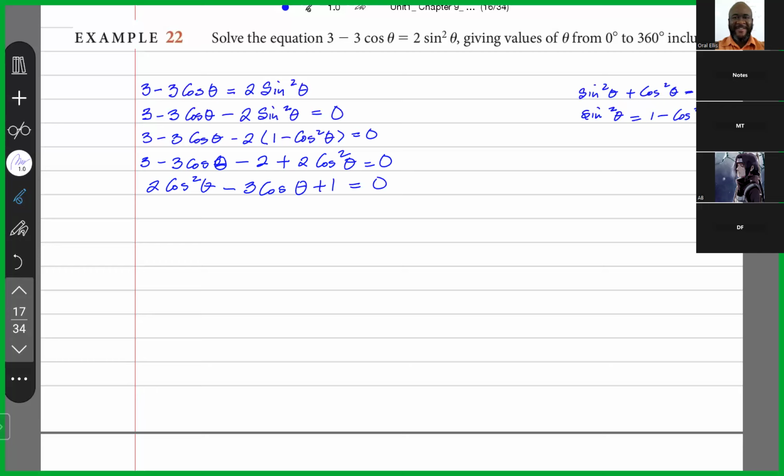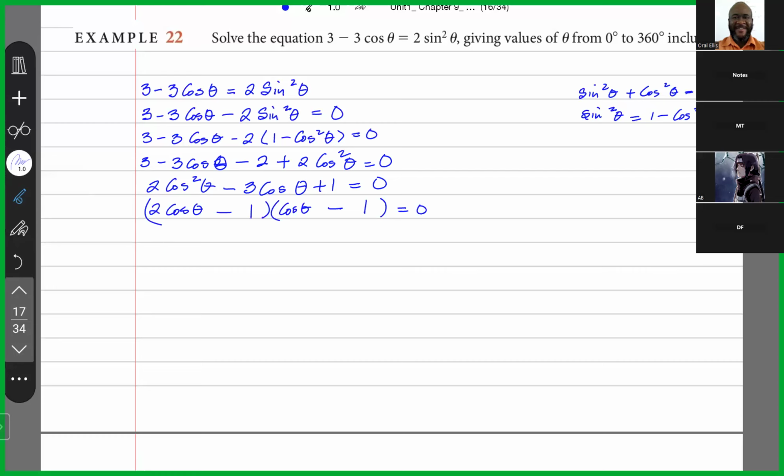So to solve this now, it's a quadratic equation. I'm going to factorize if it can be factorized, and if it cannot be factorized, then I am going to use the quadratic formula. So let's check if it can be factorized. I think it can be. 2 cos theta minus 1, cos theta minus 1; I think both of these need to be negative, is equal to 0.